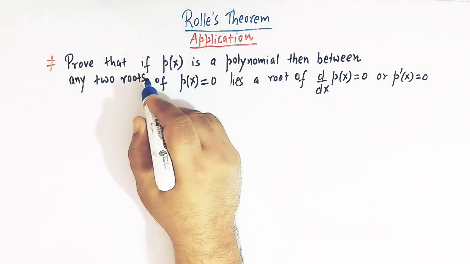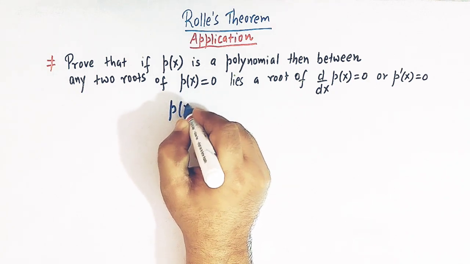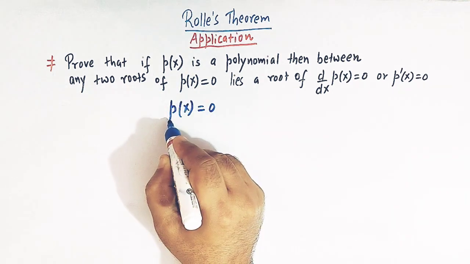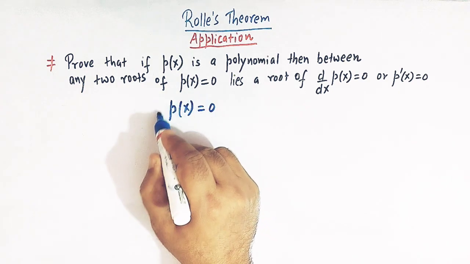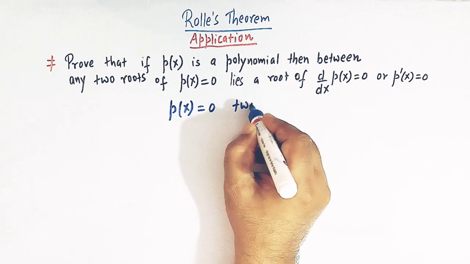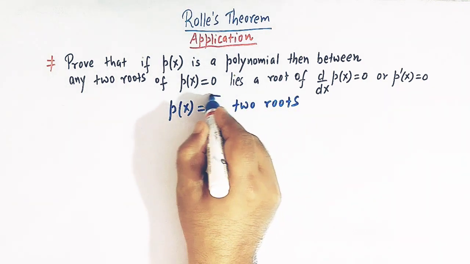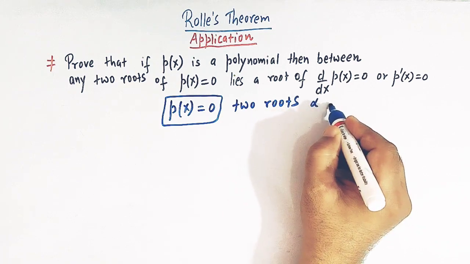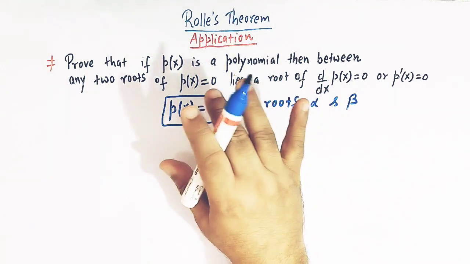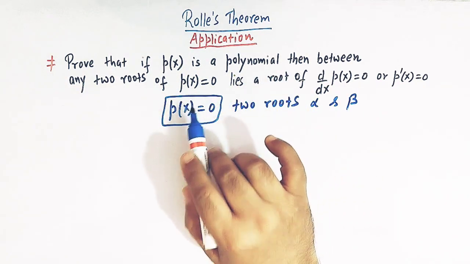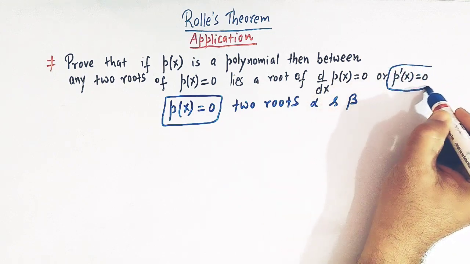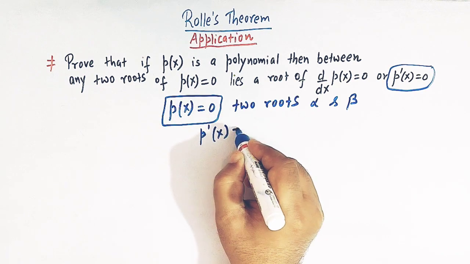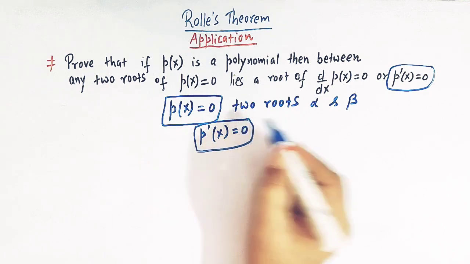Now see, if we have a polynomial p of x, and if we form an equation with the help of this polynomial, p of x is equal to 0, and if this polynomial equation has two roots, say alpha and beta, then this problem says that we have a root of the derivative of p of x is equal to 0, which lies between these two roots.